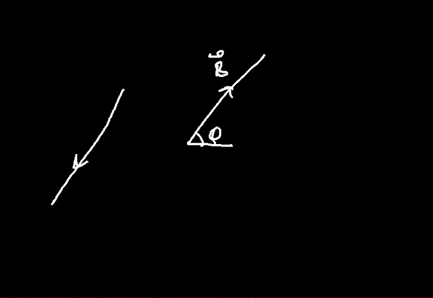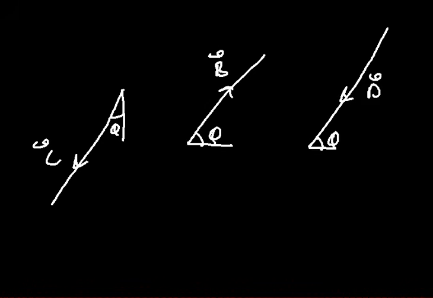And let's say this is a vector C like that, acting at an angle with respect to the vertical. You should tell me the nature of the components, whether they are positive or negative. And what if we have this case, a vector D acting at an angle theta like this?